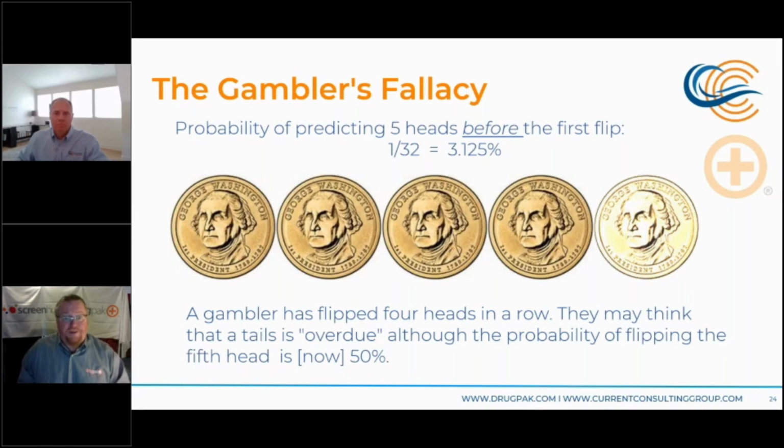It's supposed to be 50-50, and I've flipped 4 in a row. It is time for a tails. But in fact, when you flip that 5th coin, the chances are now 50-50. Even though you're resulting in 5 in a row, at the time you're flipping the 5th coin, the chances are the same because it's random and it's independent of prior events.